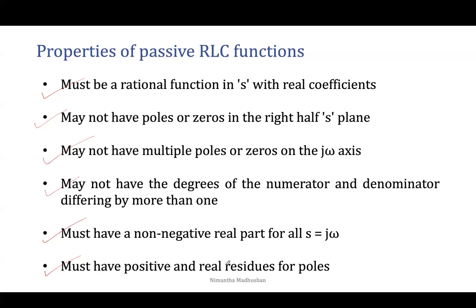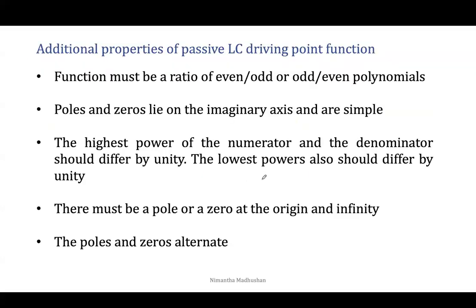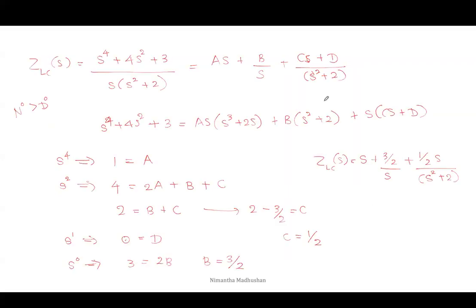Must have positive and real residues for poles. Then there are some additional properties for a passive LC driving point function. The first one is the function must be a ratio of even to odd, or odd to even, polynomials. You can see in this function, when you consider the numerator, these values are even, so this one is s to the power 0, even values.